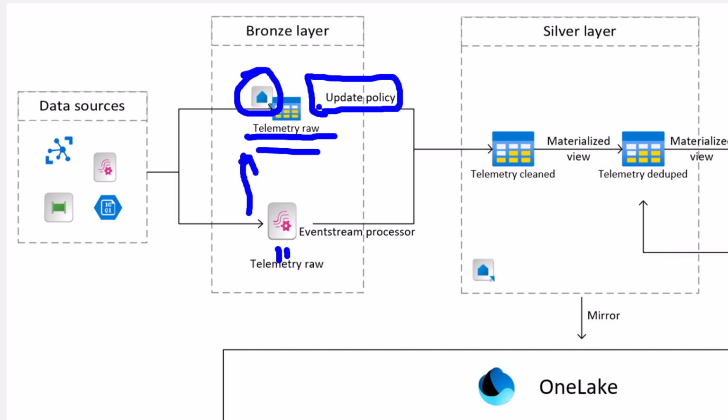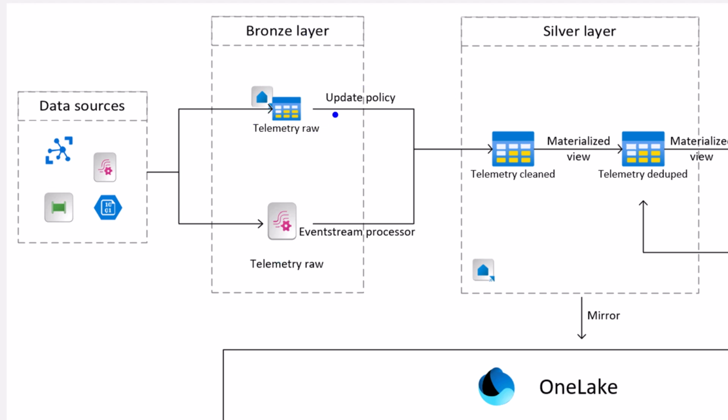But essentially what an update policy is, it enables us to propagate changes from one table into another table. Right, so essentially what you're doing is you're setting up this update policy on this table here. And then when new data is written into that table, because we've got this update policy, it will then update this telemetry cleaned. I think that's what the suggestion of what's happening here by this architectural diagram.